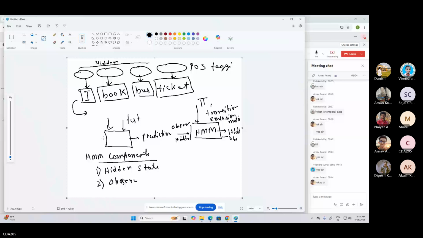Third, the transition probability or matrix. Fourth, the emission probability or matrix. And fifth, the initial probability.